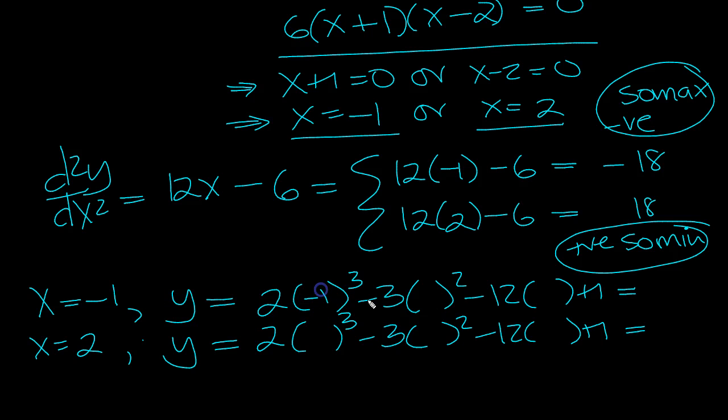Put minus 1 in for the input value for the x and put 2 in here. So what's the y value? That's minus 2. So that's minus 2. This is 1. That's going to be minus 3 then. This is plus 12. Plus 1. 13, 10, 8.